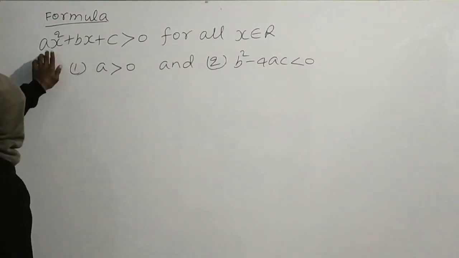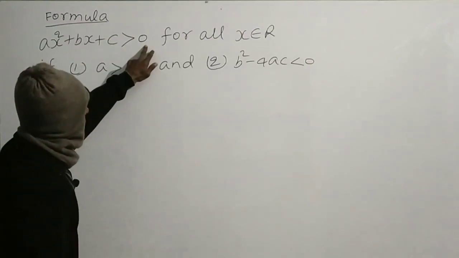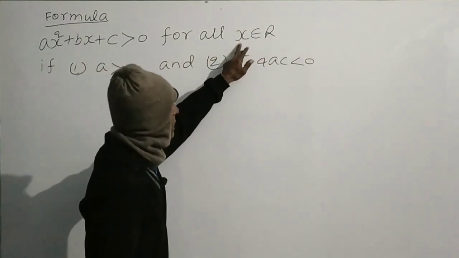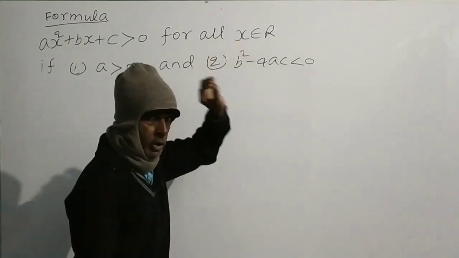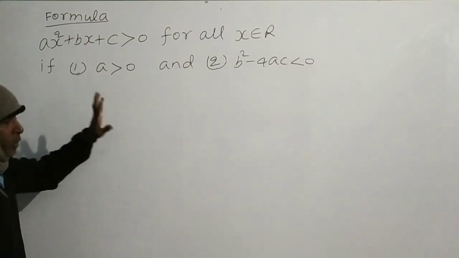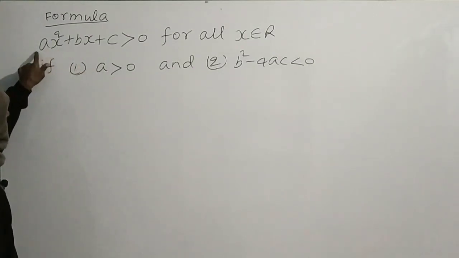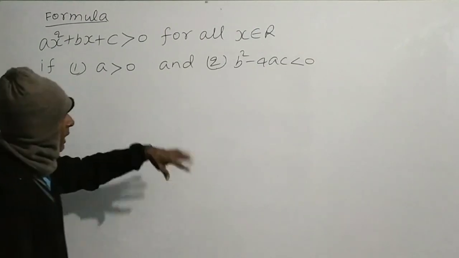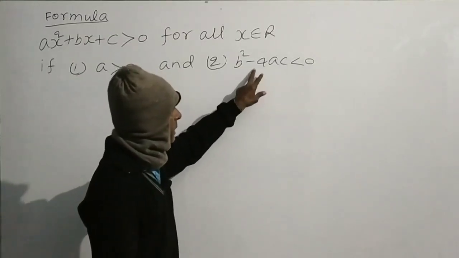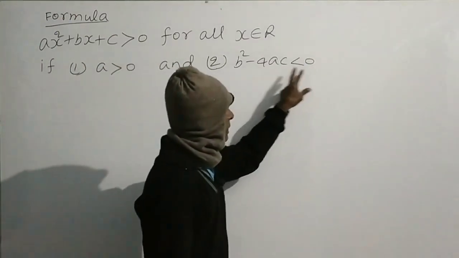The formula is ax square plus bx plus c will be positive for all x belongs to R, that means for all real values of x, if two conditions are fulfilled: a is positive, that means the coefficient of x square is positive, and b square minus 4ac is negative, that means the discriminant of this quadratic expression is negative.